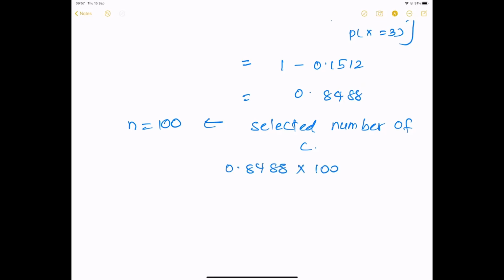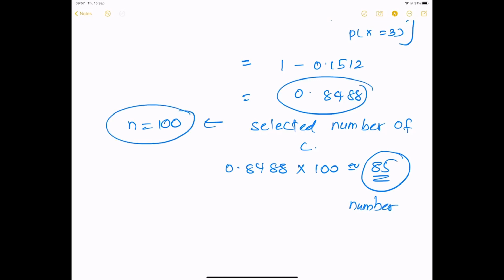Therefore, approximately 85 cookies should be discarded, right? They have asked about the number, right? We have the probability and we have the total number. Therefore, 85 cookies should be discarded, right?